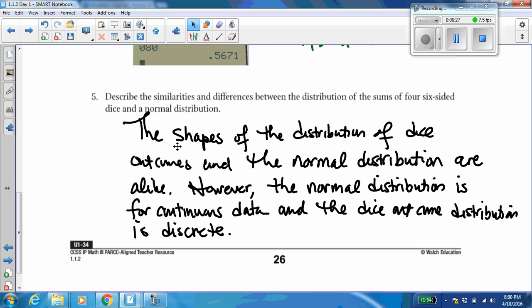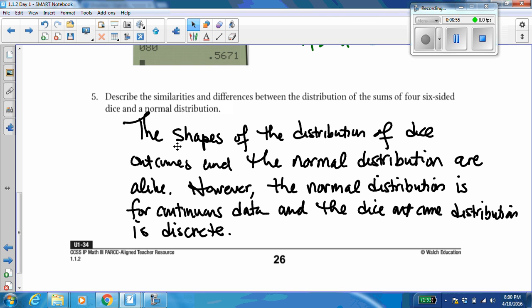So describe the similarities and differences between the distribution of the sums of the 4 6-sided dice and a normal distribution. So clearly the shape of the distribution of dice outcomes and the normal distribution are very much alike. However, the normal distribution is for continuous data, and the dice roll is discrete, meaning that you cannot have a sum of dice to be 10.1.